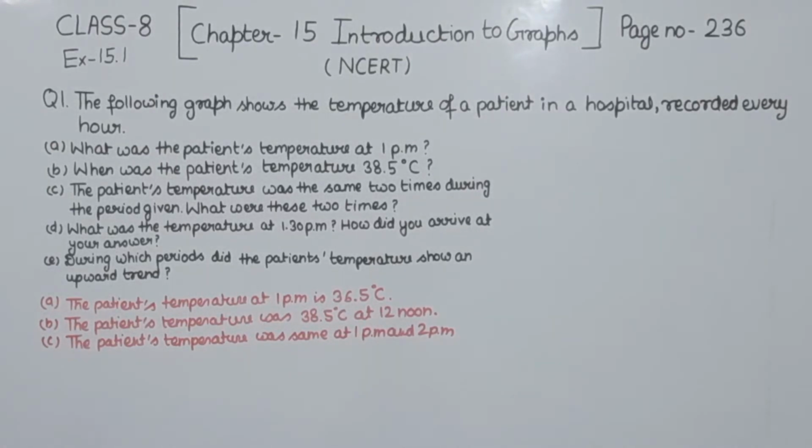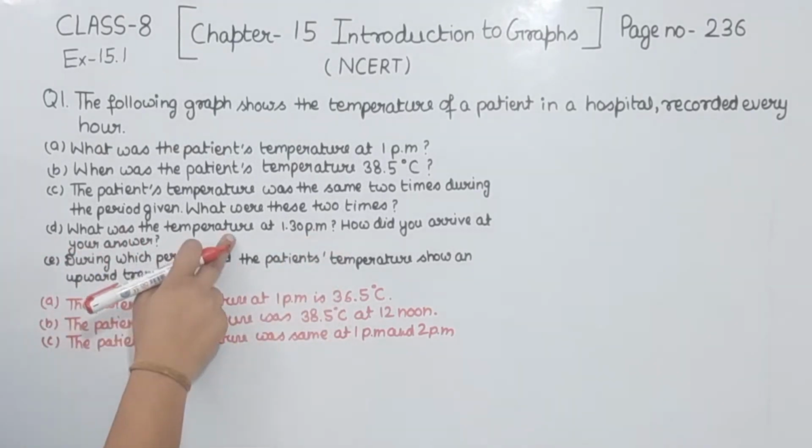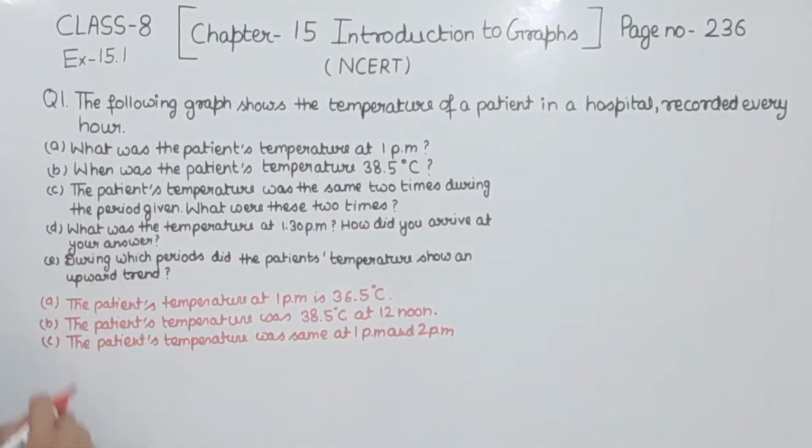Now comes part D, this one. What was the temperature at 1:30 p.m.? So we have to tell the temperature here. Now the second part, how did you arrive at your answer? So we have to find the timing between 1 and 2 where we can reach the temperature.